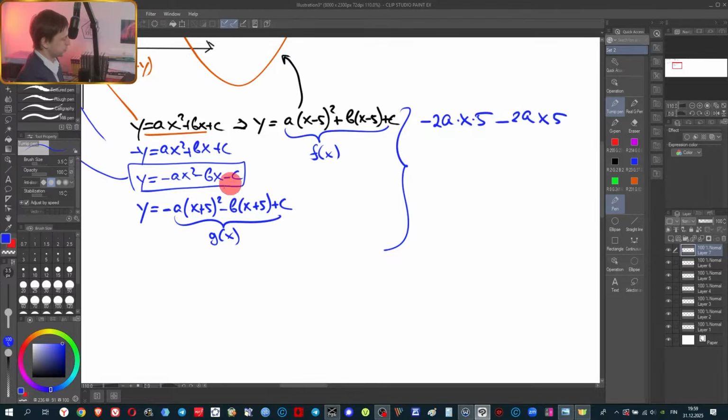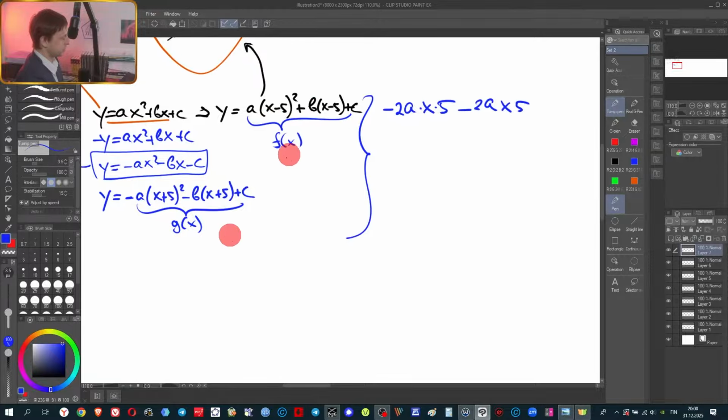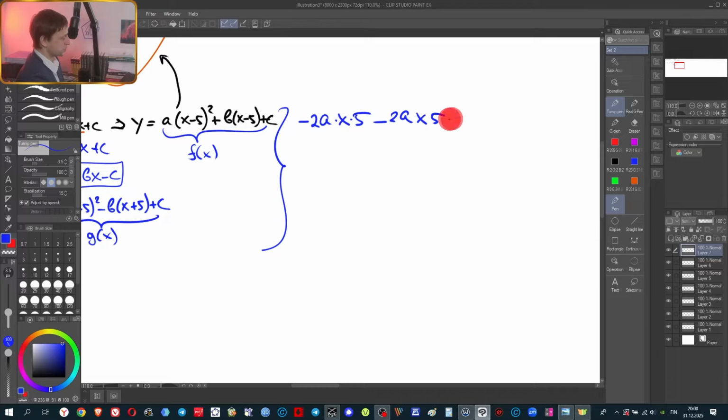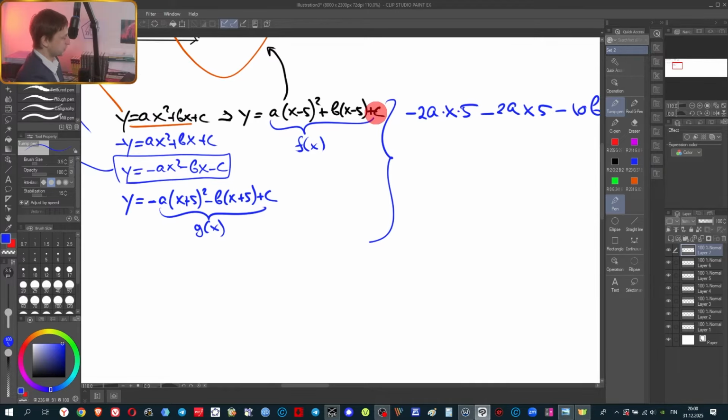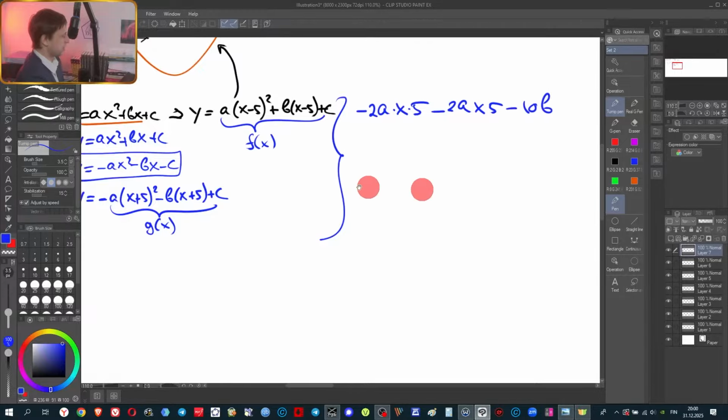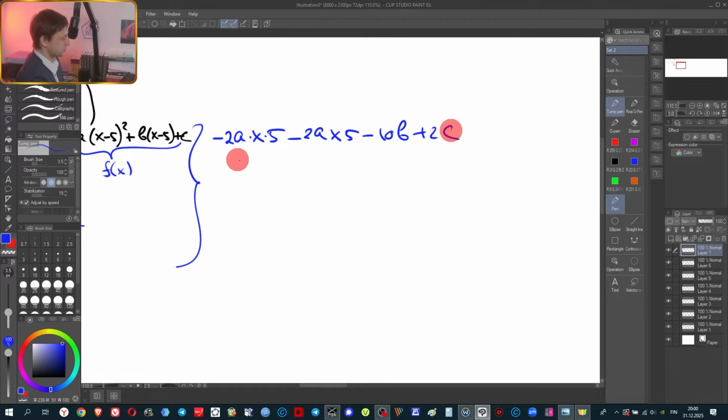Here the minus comes from a, and here the minus comes from here. And all the squares will just cancel out. Here bx minus bx will cancel out, and here minus 5b minus 5b, so it will be minus 10b in total, and plus c, plus c, it will be plus 2c. So this is the sum of f of x plus g of x.